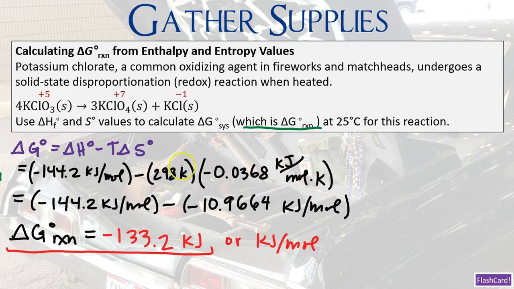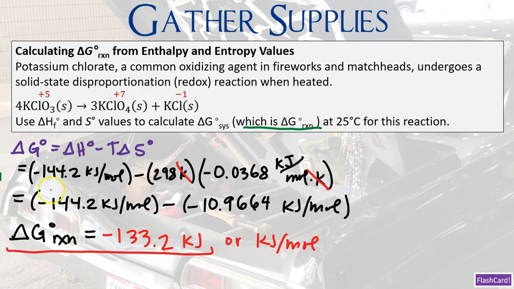When I multiply these two numbers, my Kelvin cancels, and I get negative 10.9664 kilojoules per mole. So I'm going to take my negative 144.2 kilojoules per mole and subtract my negative 10.9664 kilojoules per mole. I get a delta G naught of the reaction of negative 133.2 kilojoules per mole.